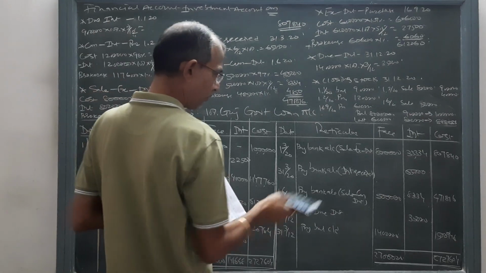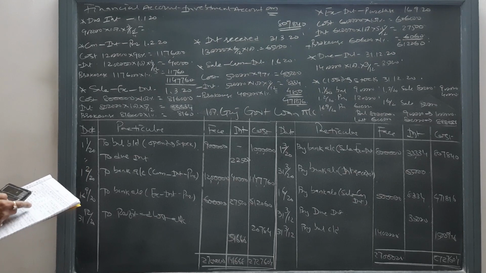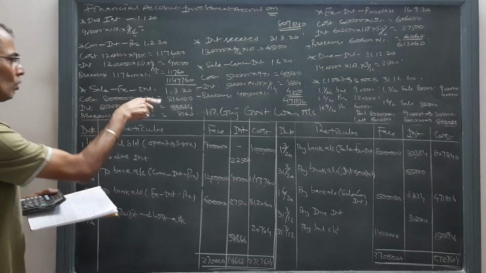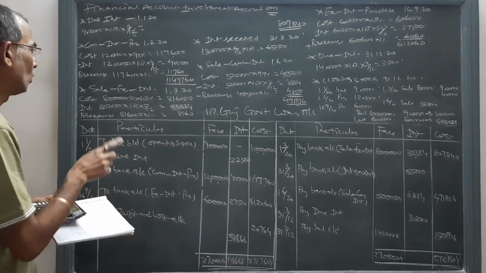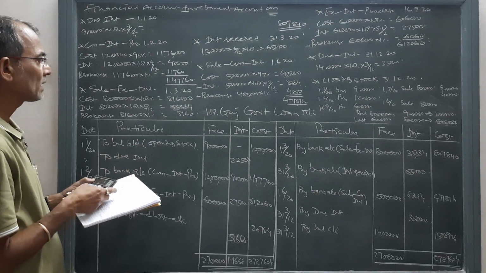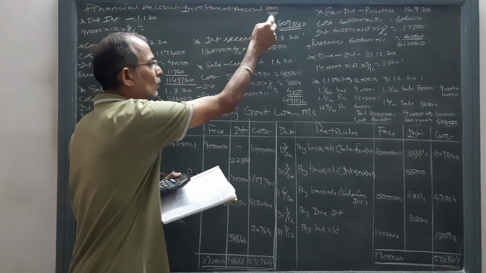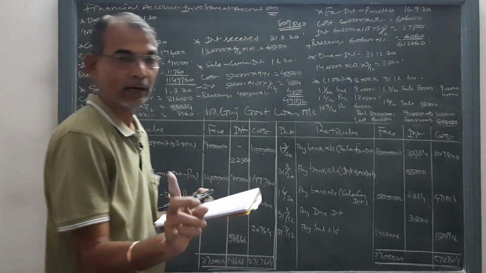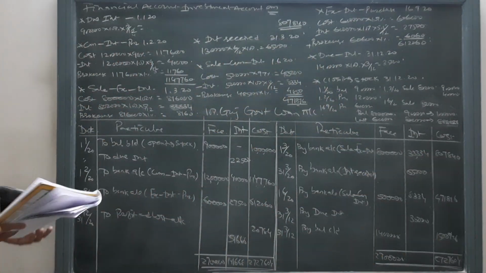Interest in the column of interest 33,334. Brokerage 1% of cost, so 1% of 8,16,000 is 8,160. There is a sale, so brokerage will be subtracted, 8,160 will be subtracted, and we will get the final cost price 8,07,840 on the credit side of the account.